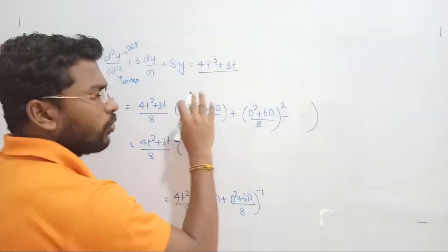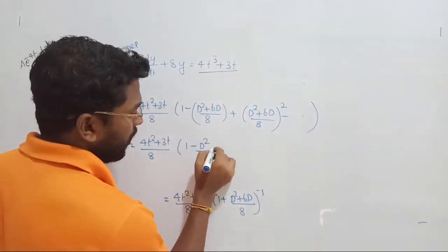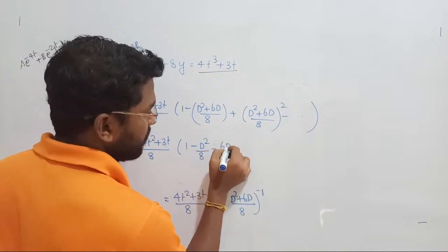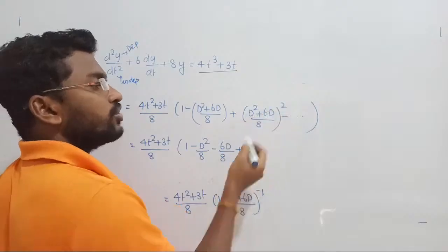In bracket, if I open up the brackets, it will become 1 minus d square upon d minus 8 minus 6d upon 8 plus, see there, a plus b whole square.